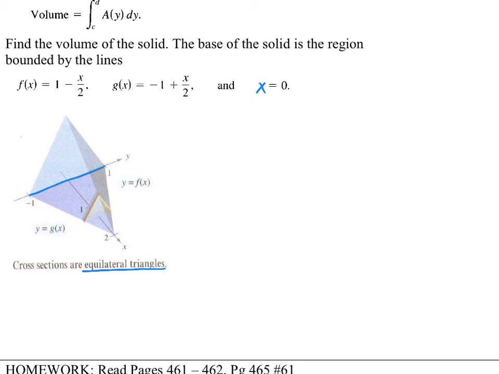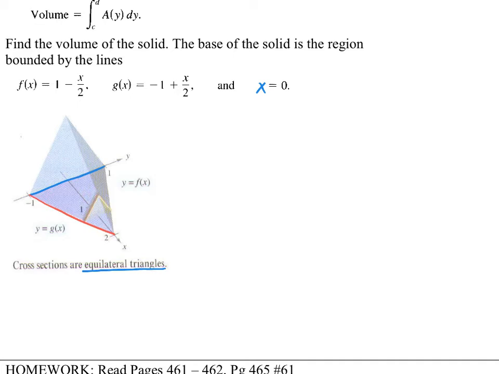This line g of x is -1 plus a half x. So that's this line over here. And you'll notice, by the way, sometimes it's helpful to draw these on an angle, okay? It's hard to see it when we use the normal XY axis, but I'm actually going to take a step back in a second and draw it how you would normally graph it, and then show you the situation, okay?